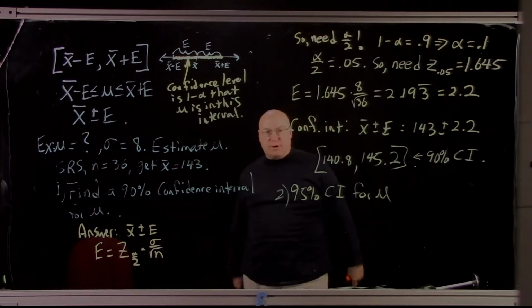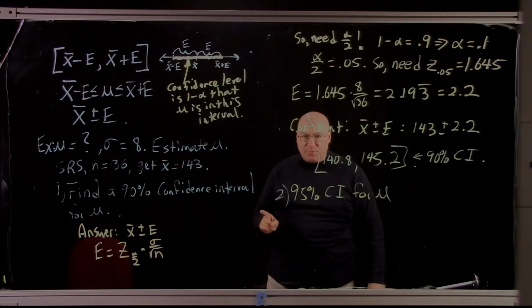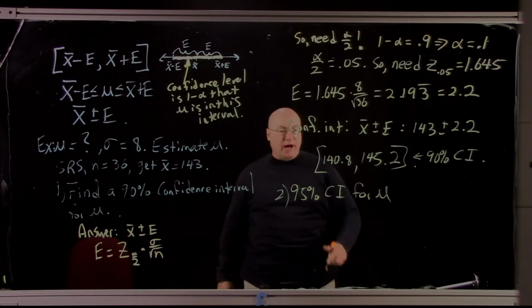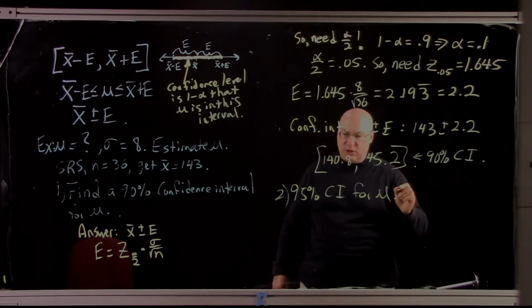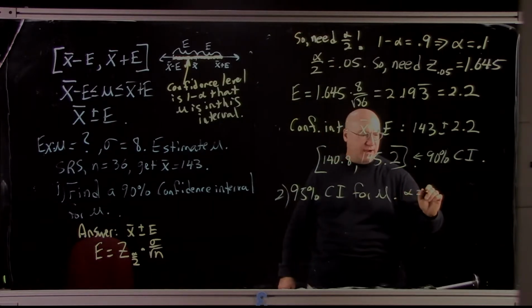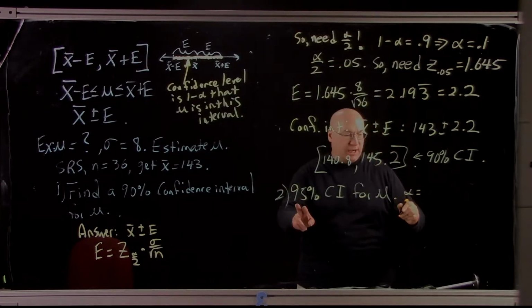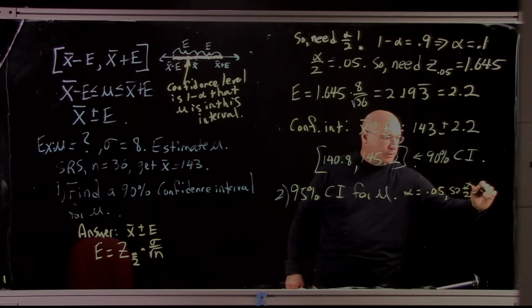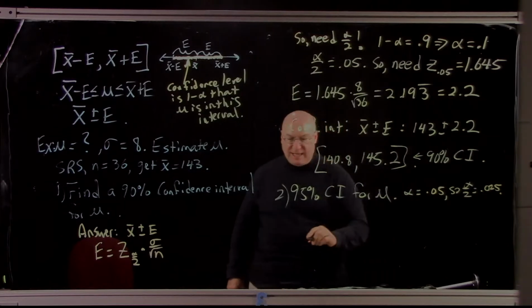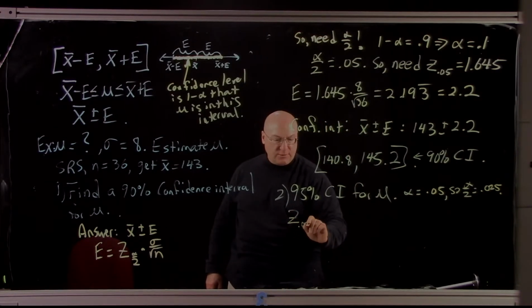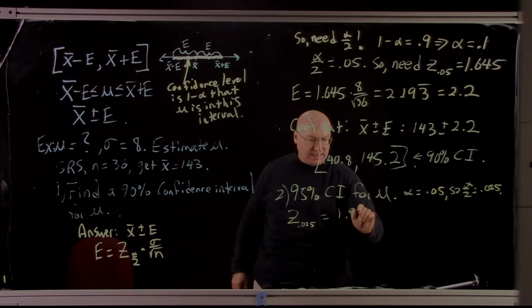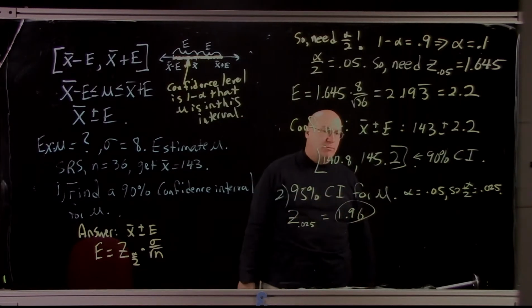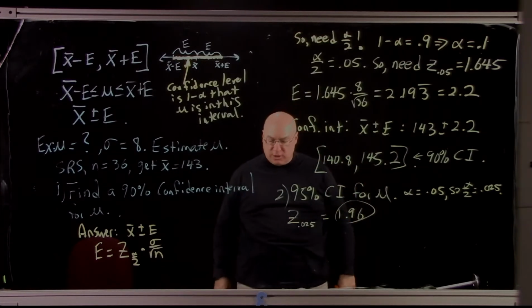Folks, almost all the work is the same, except 95% means our alpha over 2 is different. 1 minus alpha is 0.95, so alpha is 0.05, and alpha over 2 is 0.025. And z of 0.025 is 1.96. That's the only difference. I take 1.96 and put it in where 1.645 was. Everything else works out the same.